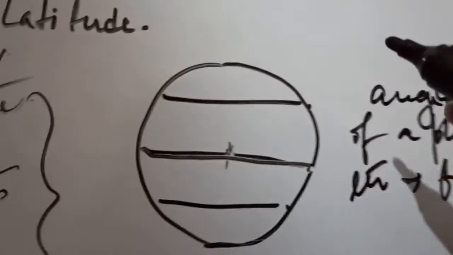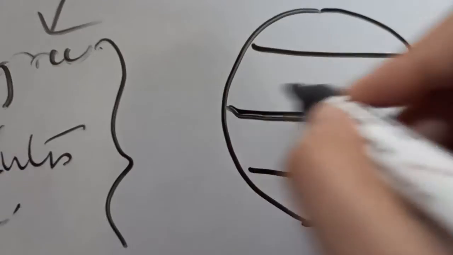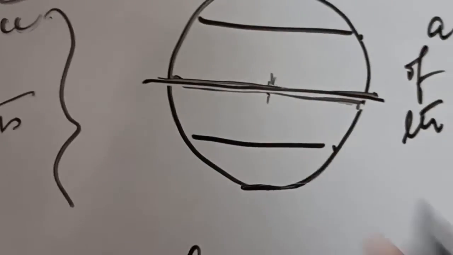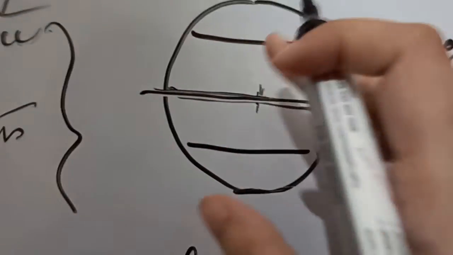The equator is one of the most important latitudes, which bisects or divides the earth into two sections.